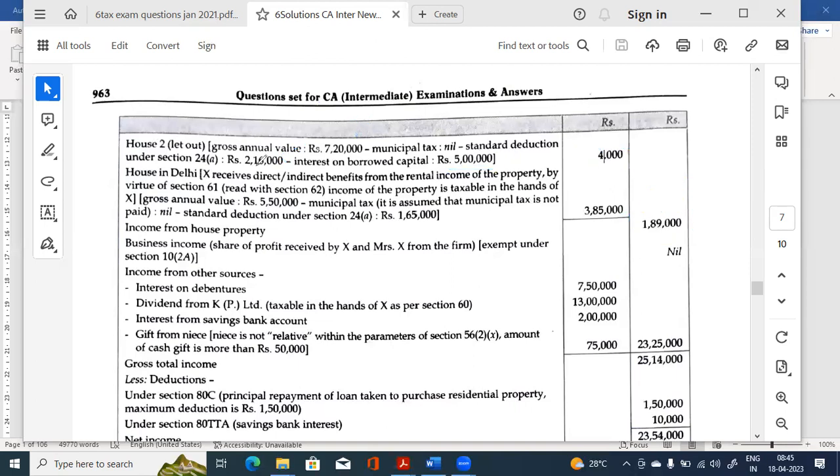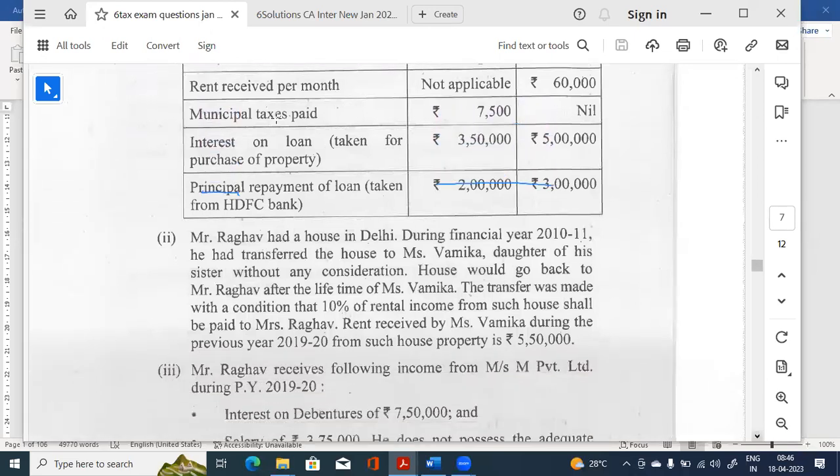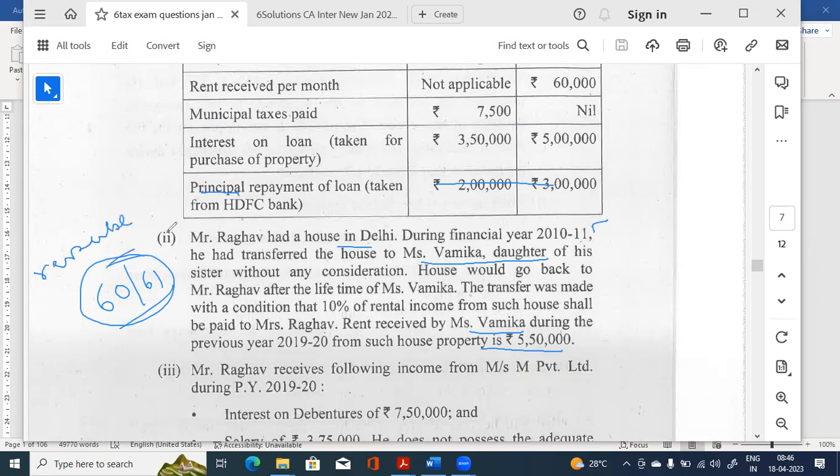Now, X receives direct or indirect benefit from rental income of property. Again, this is the Vamika thing, the sister's daughter. He has given it in earlier years, and that amount is coming to Vamika. But by provisions of section 60-61, because it is a revocable transfer, it will get taxed in the hands of Raghav only, because Raghav has given that property to her without consideration, number one.